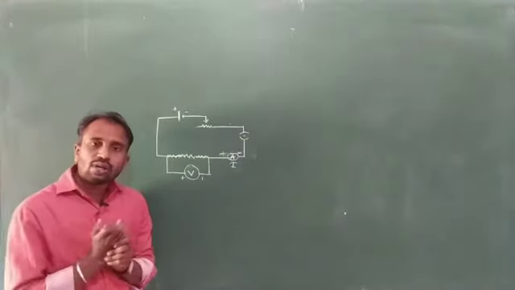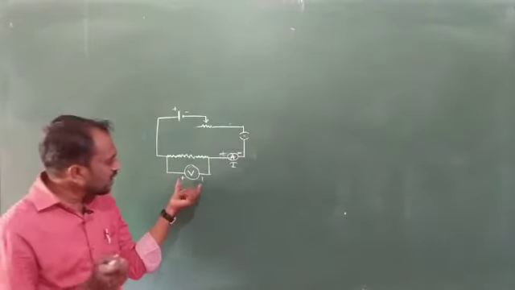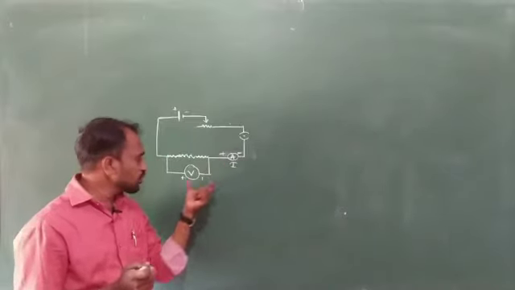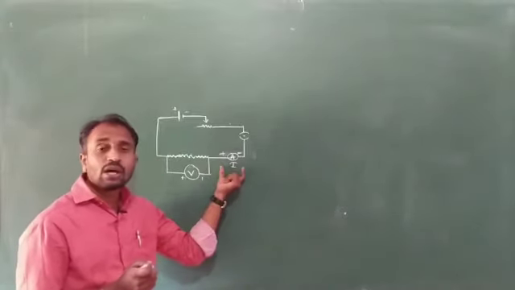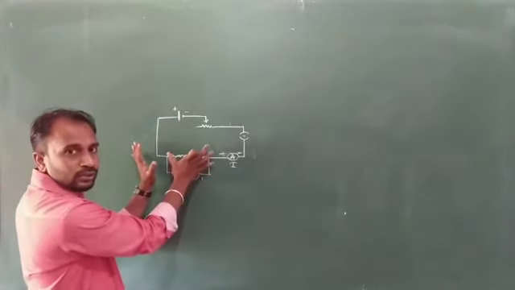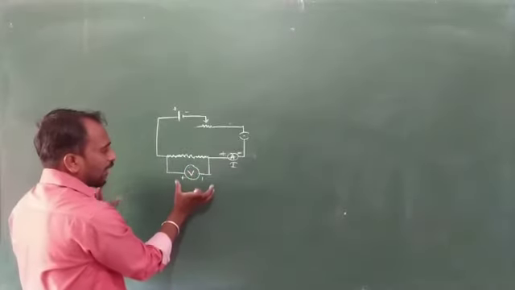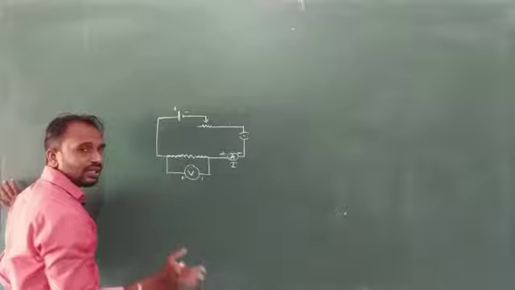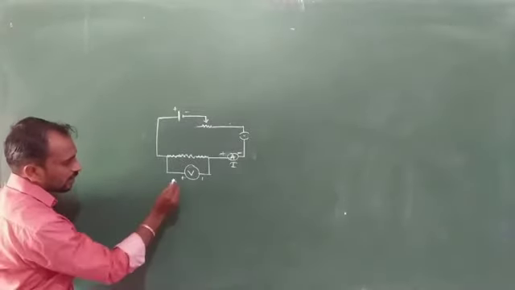Then we can measure the potential difference and the electric current using the voltmeter and ammeter. First I provide some current through this circuit, and we note down the potential difference value and the electric current value.